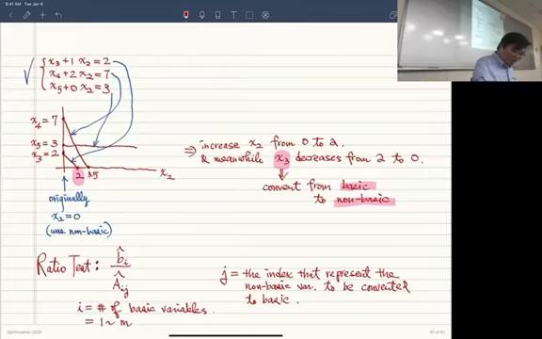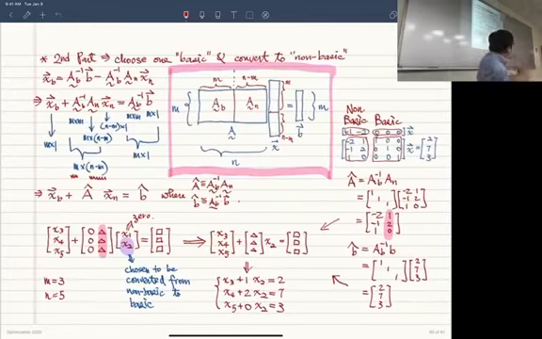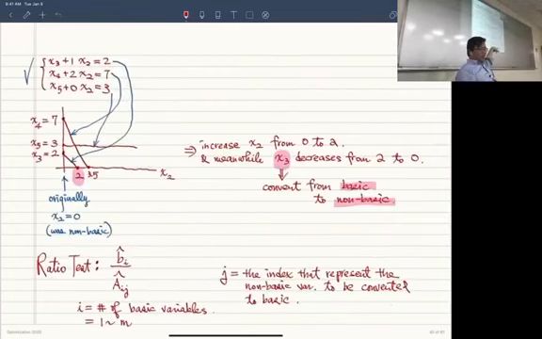So over here, basically x2. x2 was to be converted from non-basic to basic. So over here, J should be representing x2. Okay? So let's look at this ratio test.